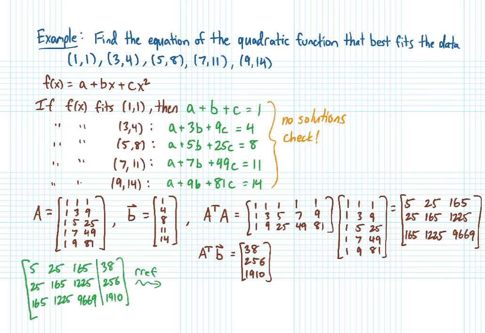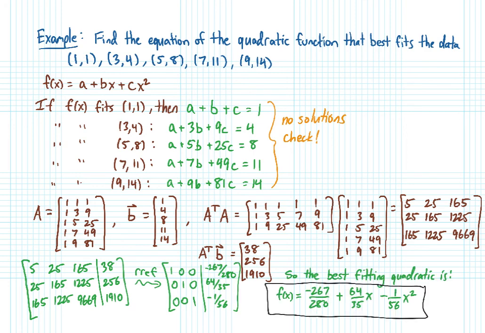And when you do that, you get the solution that a is -267/280, b is 64/35, and c is -1/56. Who knew? And so you put those numbers back into f(x), and you get the formula for the best fitting quadratic. I encourage you to graph these data points and see how well this quadratic fits those points.